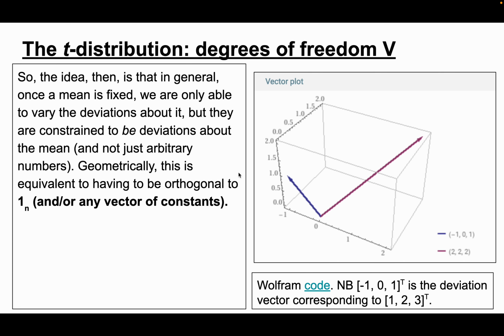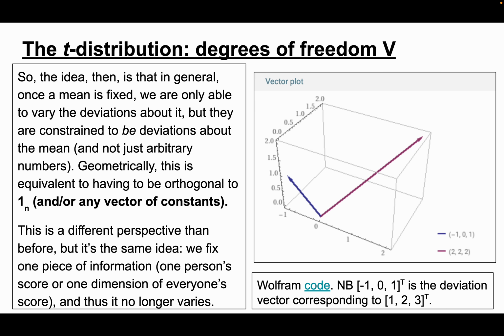So we were thinking about it like once we fix n-1 pieces of information, then we know the final nth piece of information. This is a different perspective, but it's the same idea.